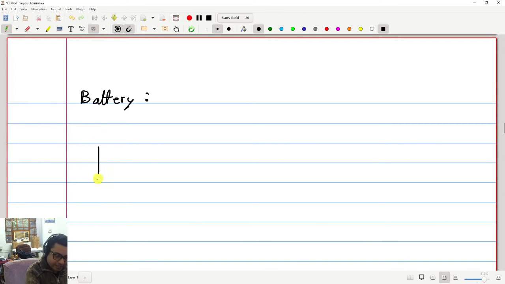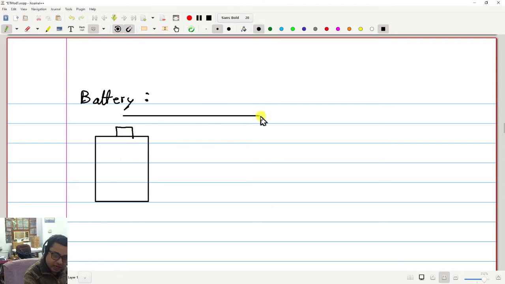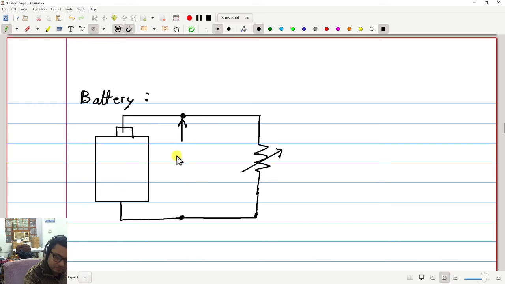Because if you take a battery and connect a resistance across it, and you change the value of this resistance, and here you measure how much voltage appears, plus minus, and you can also measure how much current is flowing.